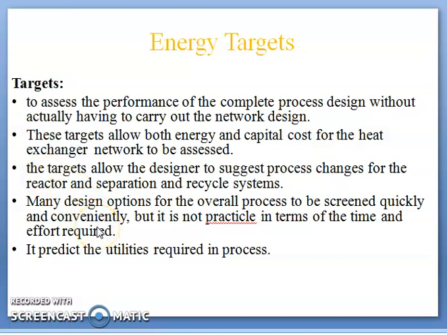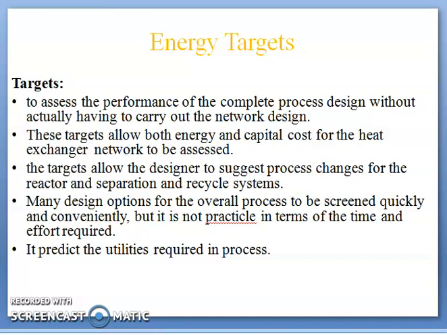After recovering or integrating as much heat as possible within the process, some heat still needs to be supplied in the form of utilities, that is by using steam, furnace oil, hot oil, etc. That is the heat requirement.